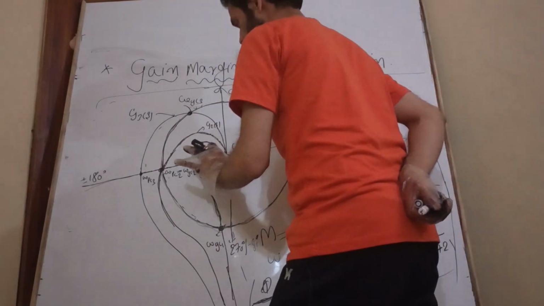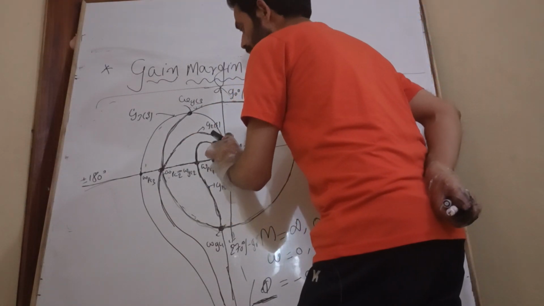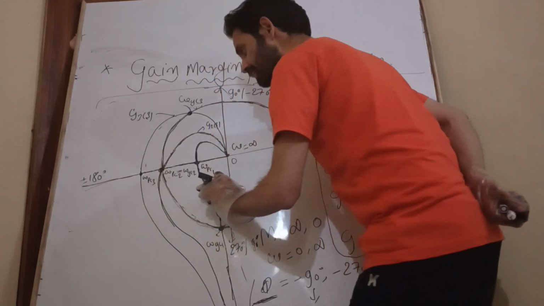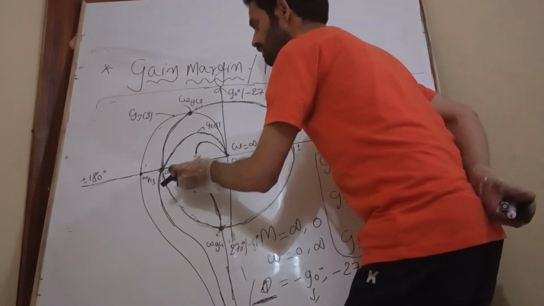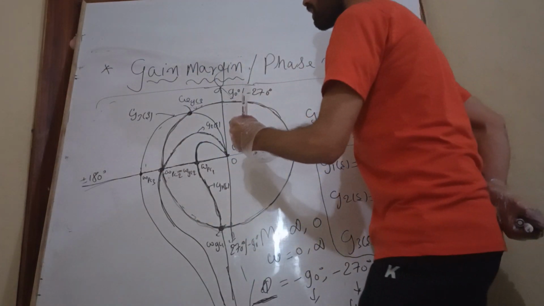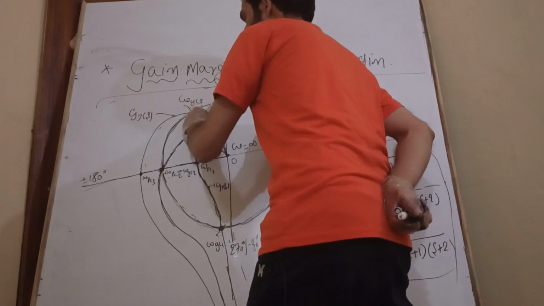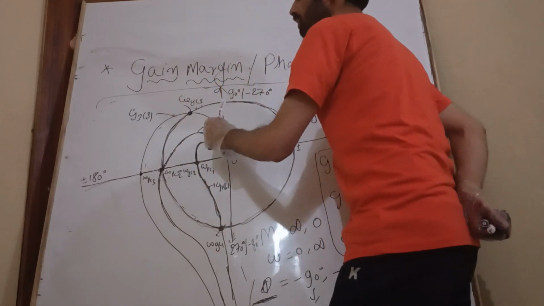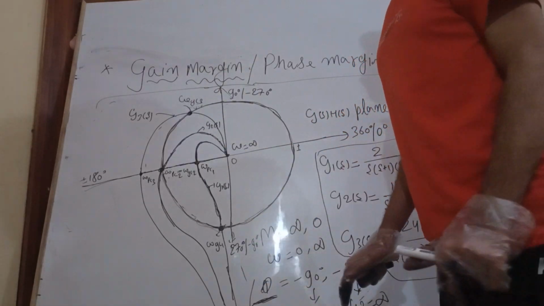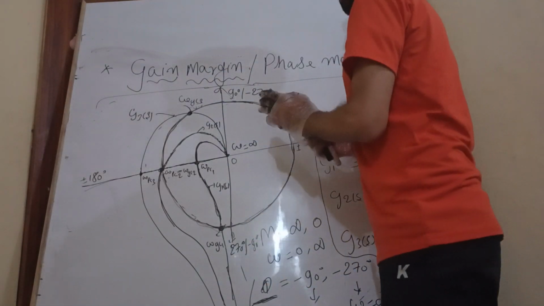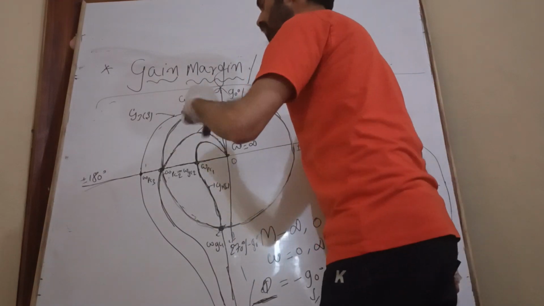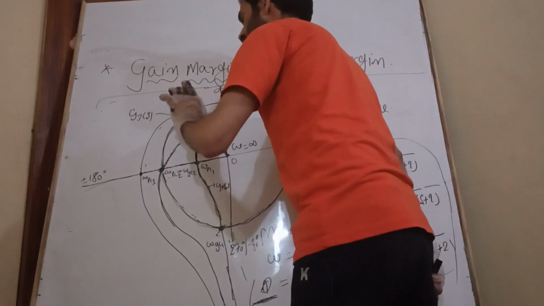The plot which cuts the real axis, that point is nothing but the phase crossover frequency. If the plot is cutting the unit circle, that point is nothing but the gain crossover frequency.